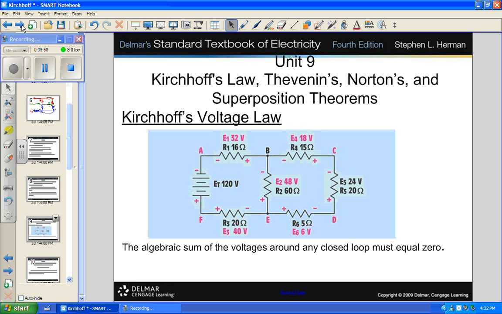Okay? And here we have a combination problem, and it can be solved with Kirchhoff's law and superposition. The algebraic sum of the voltages around any closed loop must equal 0. All right.